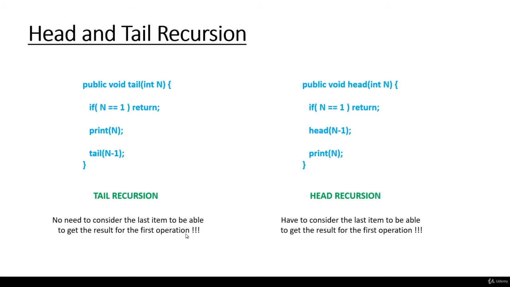We are going to talk a lot about the memory complexity of head recursion and tail recursion, and we are going to see that as far as head recursion is concerned, we have to store more items on the stack memory than with tail recursion. Anyways, in the next lecture we are going to talk about the concrete implementation of tail recursion and head recursion. Thanks for watching.